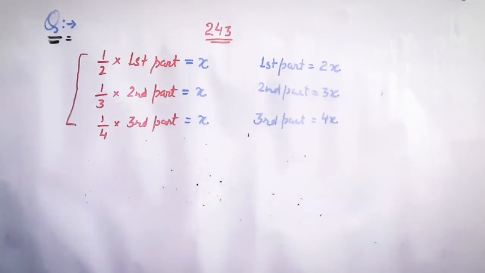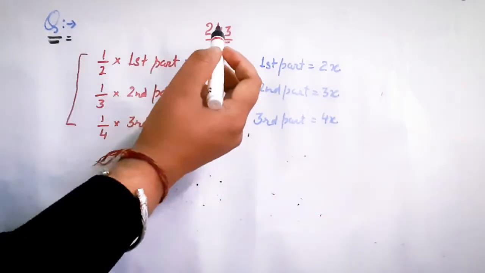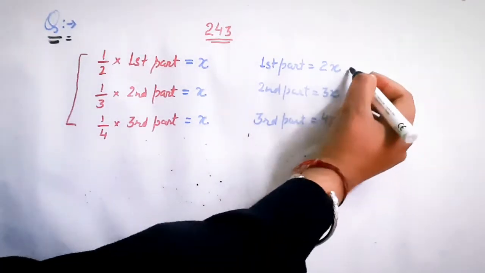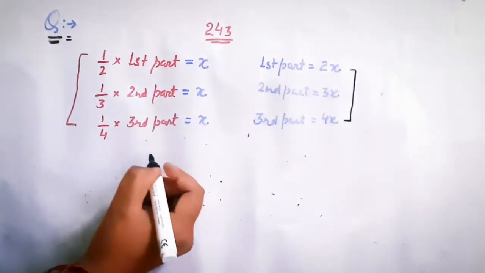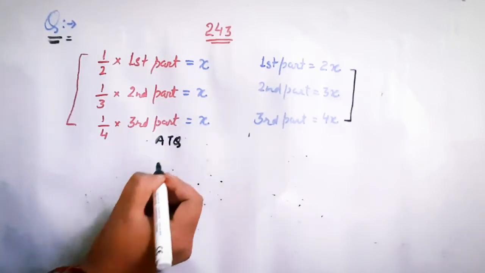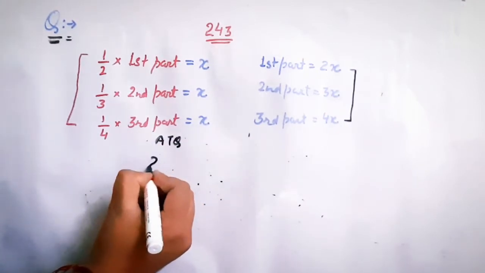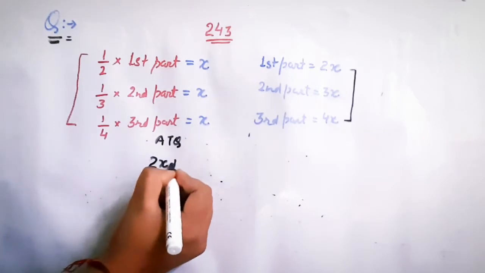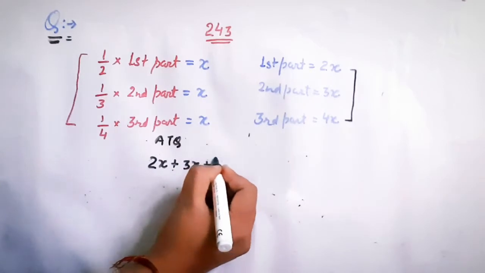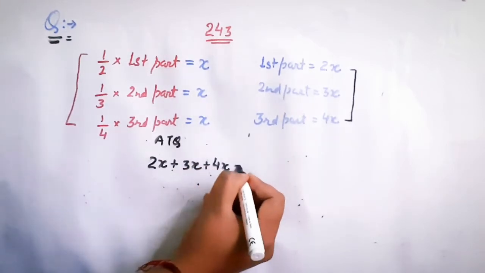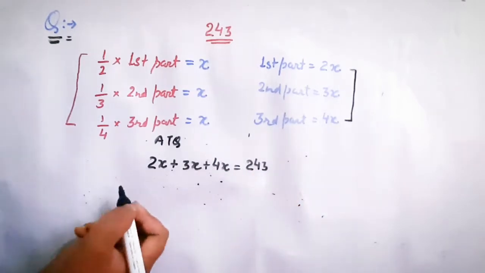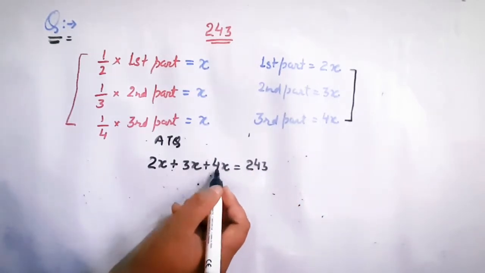The sum of these three parts, because we are dividing 243 into 3 parts, is equal to 243. So according to the question, 2x plus 3x plus 4x equals 243.